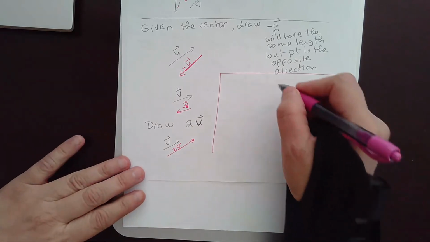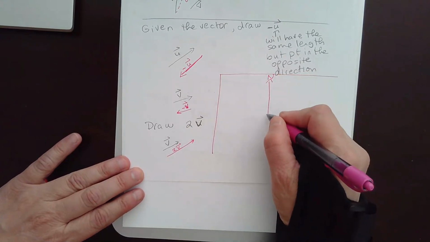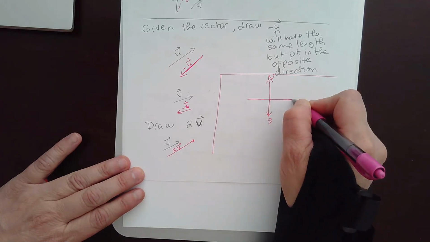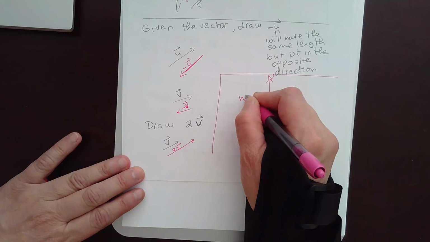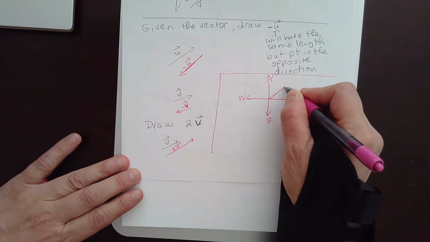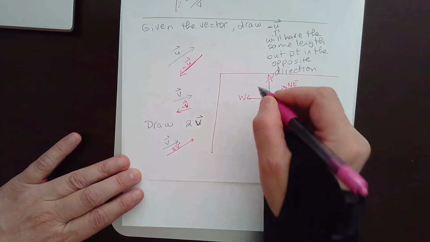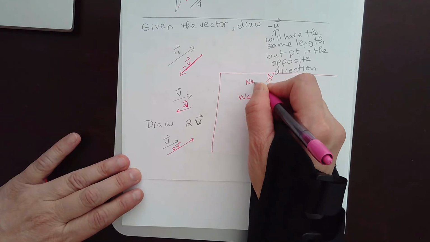the direction. As you know, this will be north, and this is south, this is east, and here's west, and this direction would be northeast, and here would be northwest.